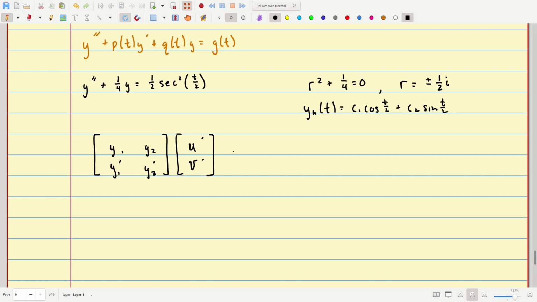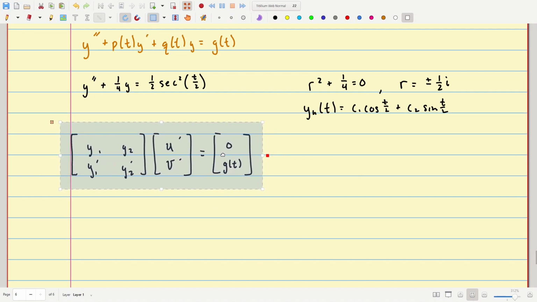We'll use u and v this time. If you want to write u1 and u2, that's okay too. 0 and then g of t. Okay, so that's the general form. You are allowed to have this in your notes as a reminder of what in the world to do here.